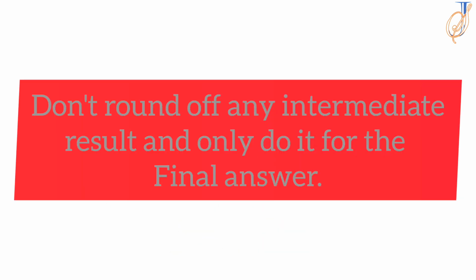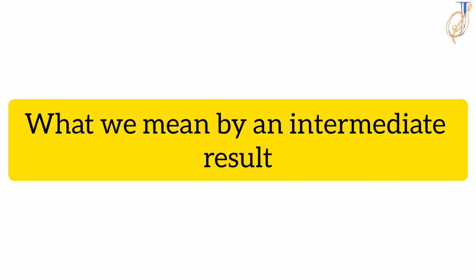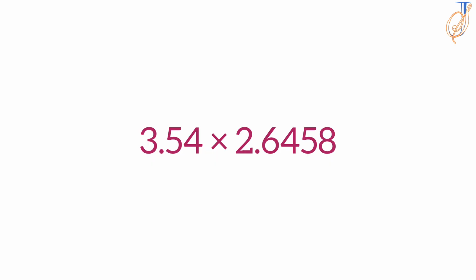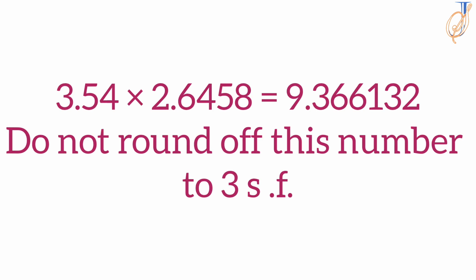Here, do not round off any intermediate result; only do it for the final answer. What I mean by an intermediate result is, in the example, 3.54 times 2.6458, when you calculate this, you will get the answer 9.366132. Do not round off this number to 3 significant figures.